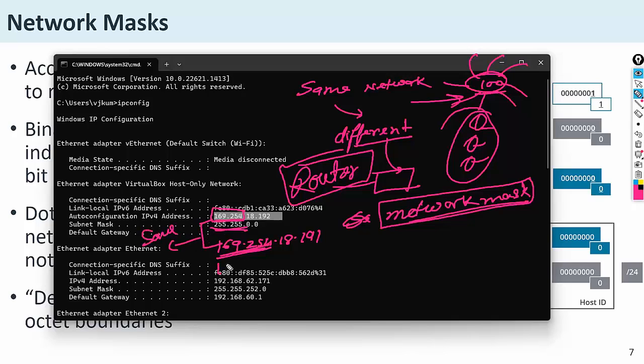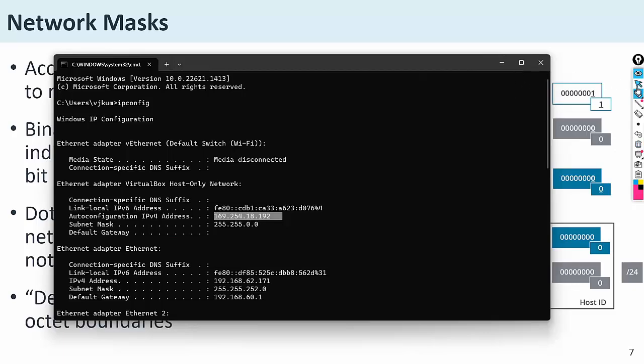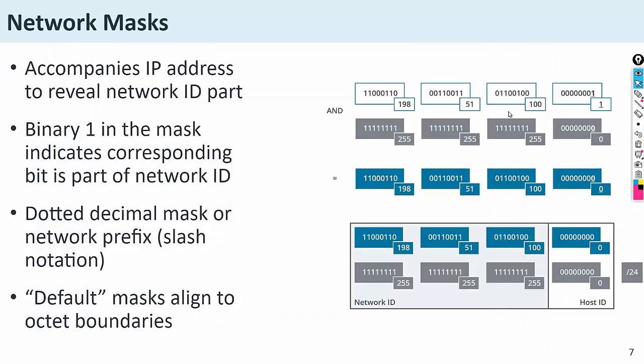But if there is another IP address having 169.255.18.192, now 169.254 and 169.255 are different. These are different networks because the values of the network IDs are not the same. Different network IDs will be considered different networks. Got it? So different networks cannot communicate, the same network will communicate.